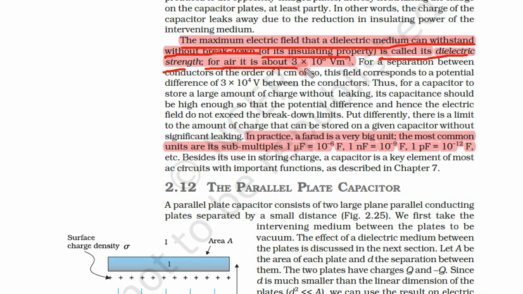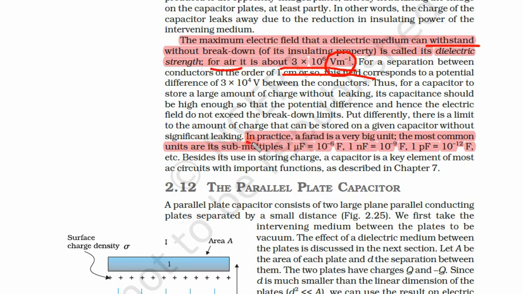For air it is about 3 into 10 to power 6 volt per meter. This is the highest electric field which air as a dielectric material withstands.